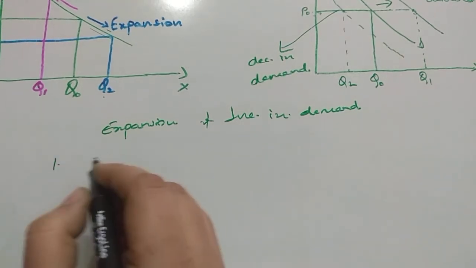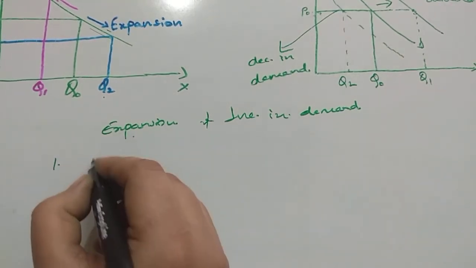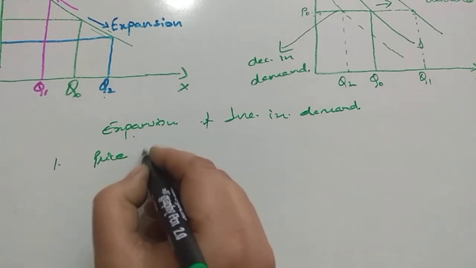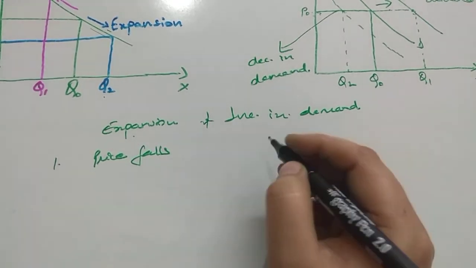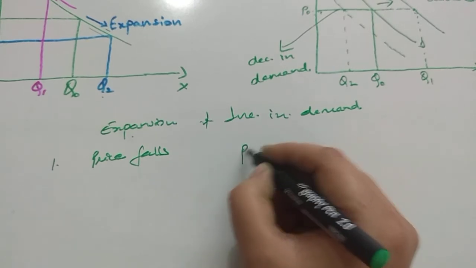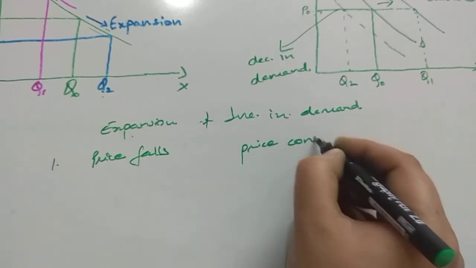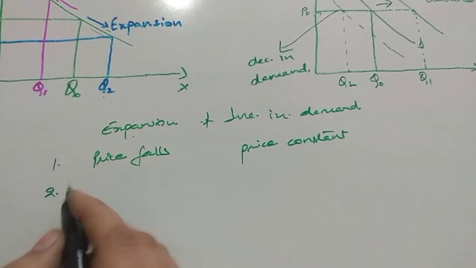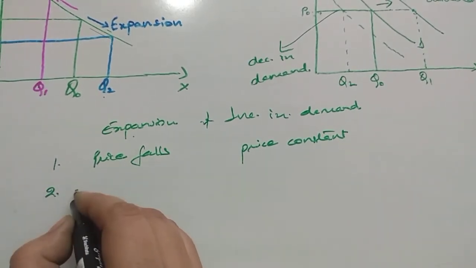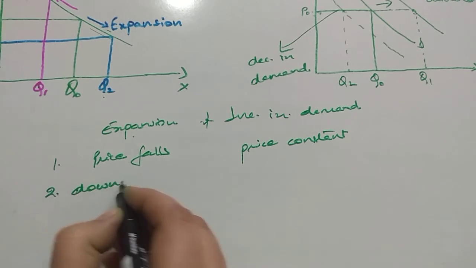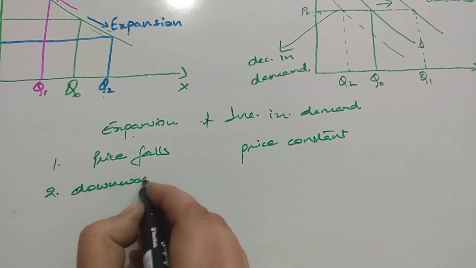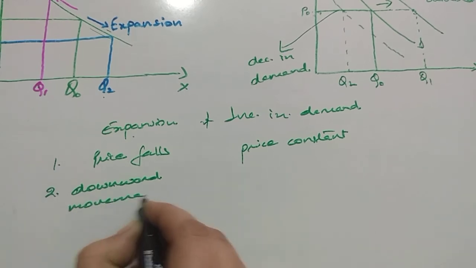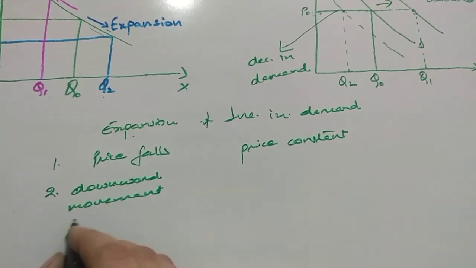So first point of difference is this takes place because of the price. Price falls, and in case of increase, price is constant. The second is downward movement along the same demand curve.